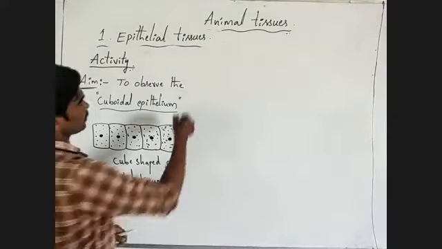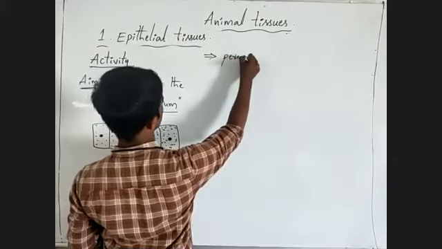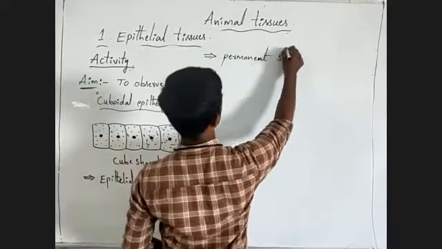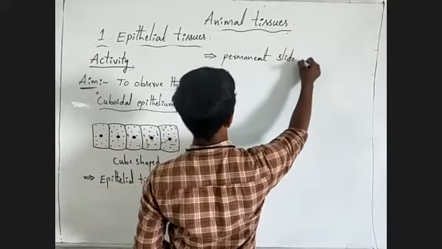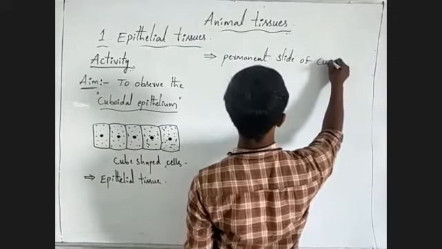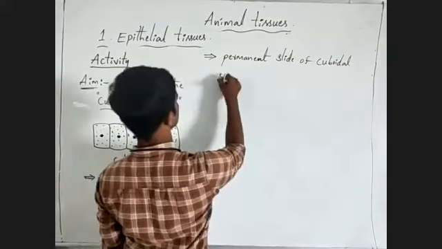In this activity, how do we collect a permanent slide of cuboidal epithelium?